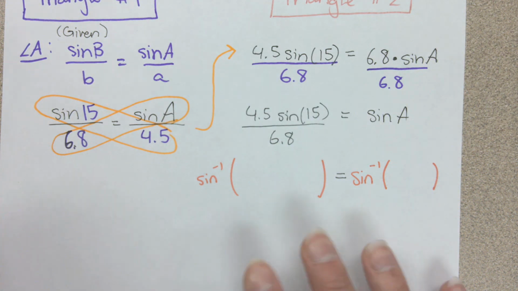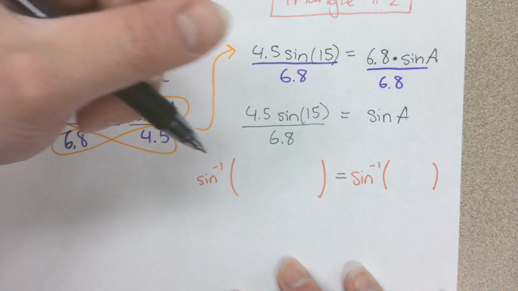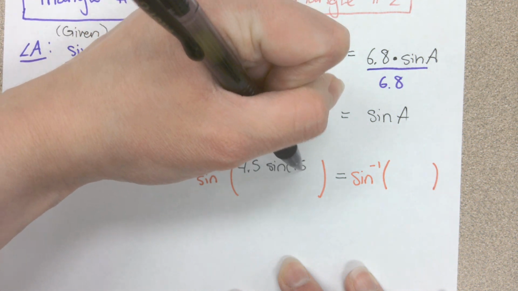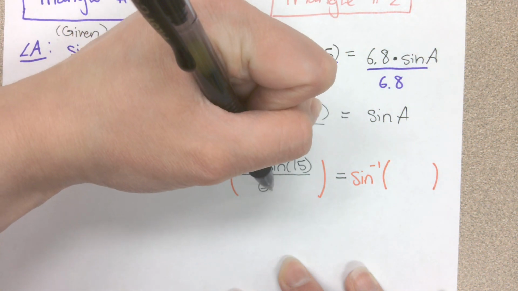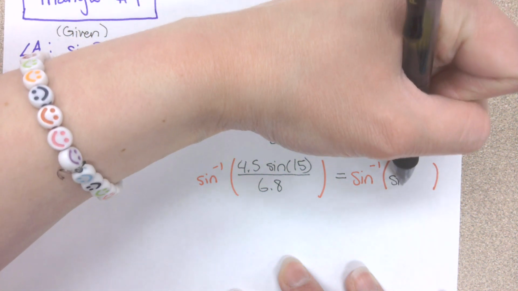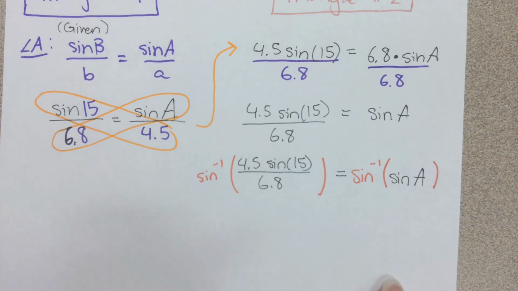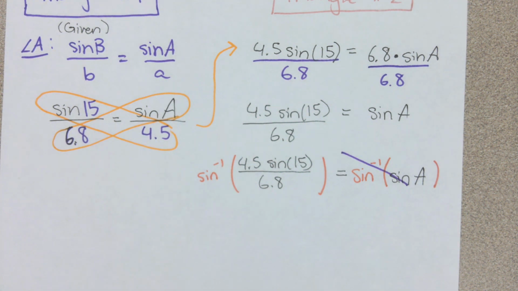So I do that to both sides and just drop both sides down into those parentheses. So then when sine and its own inverse are present together, they're going to cancel each other out, and we just have the A left over on the right side.